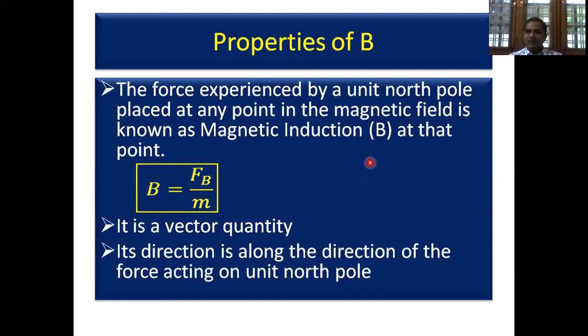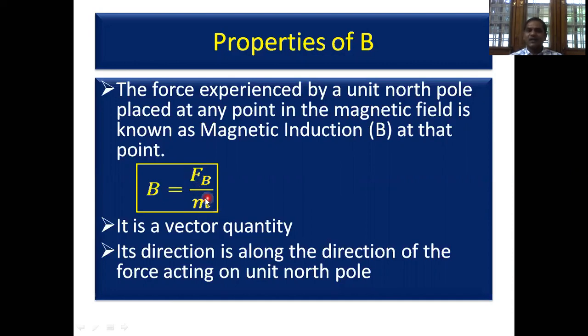Suppose we keep a magnetic pole of strength M in a magnetic field of induction B, it will experience a force F equal to M into B. From this you can write B equal to F by M, right?